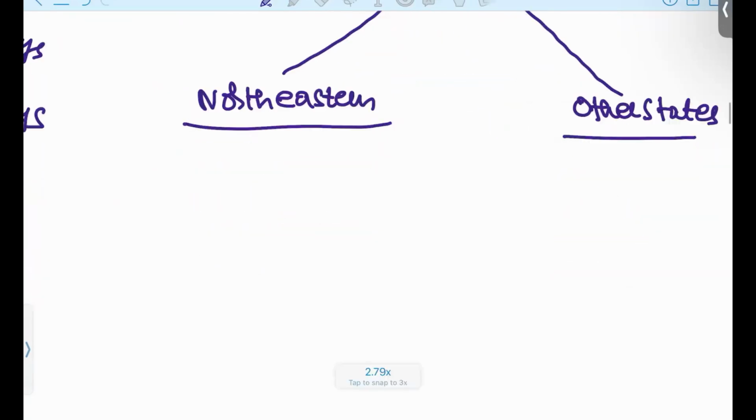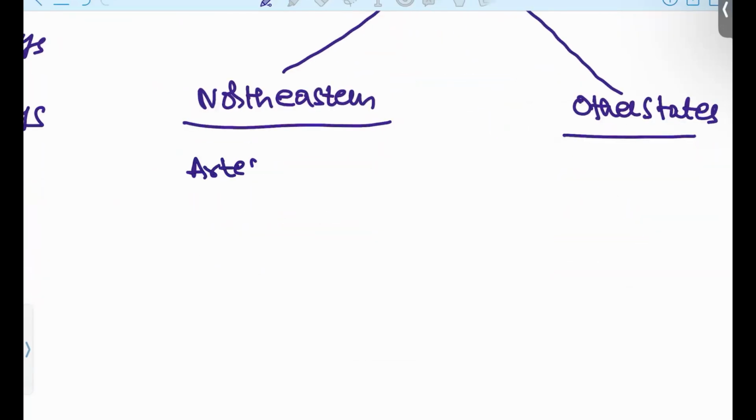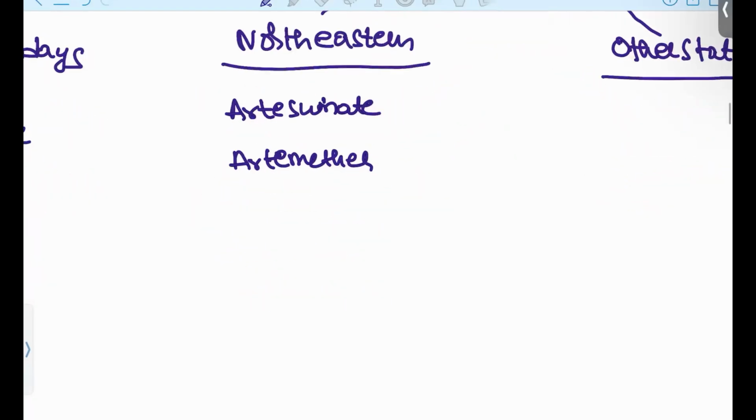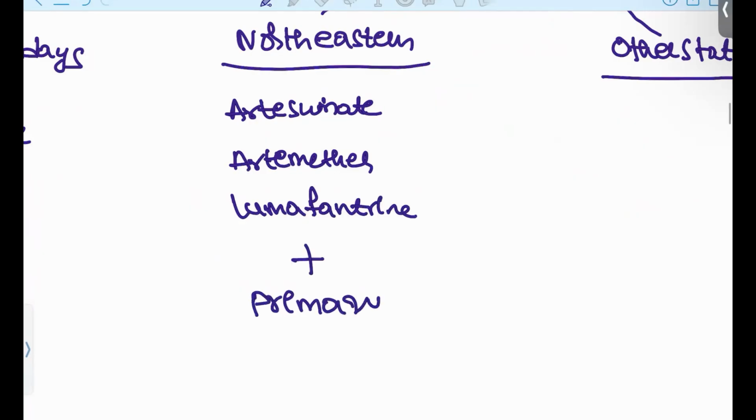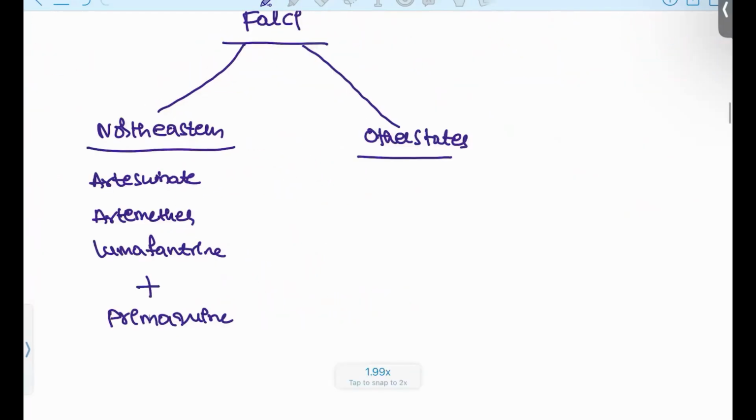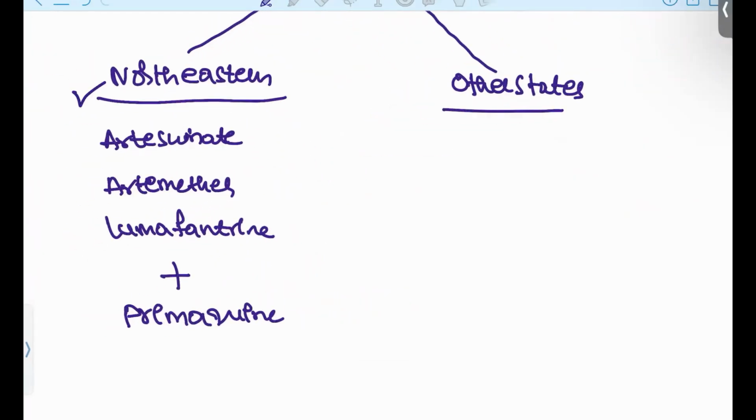In the northeastern areas, we give artesunate plus artemether and along with that lumefantrine. Okay, lumefantrine. And only one day we give primaquine. Even though falciparum does not have any relapse, still primaquine is given. So this is the treatment for the northeastern areas: artesunate, artemether, lumefantrine, primaquine.